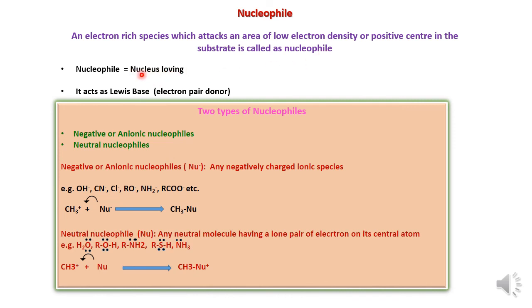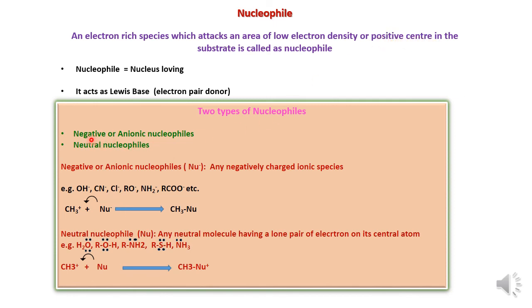We know that there is a positive charge on the nucleus, and therefore they are attracted towards the positive charge. That's why the name is given nucleophile. As they are attracted towards a positive charge, they must be electron rich.